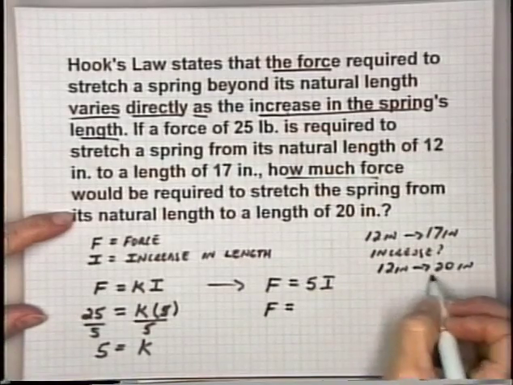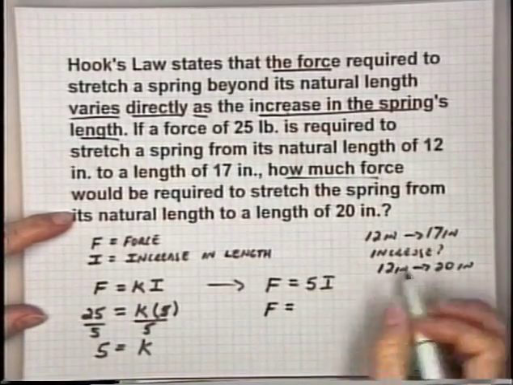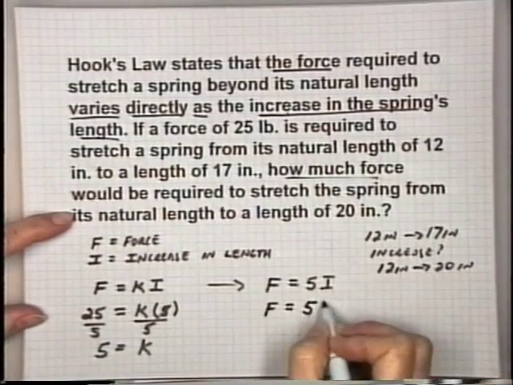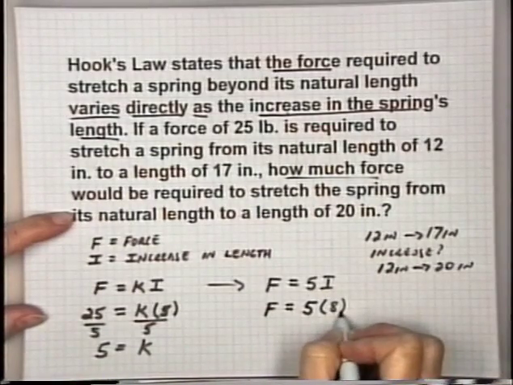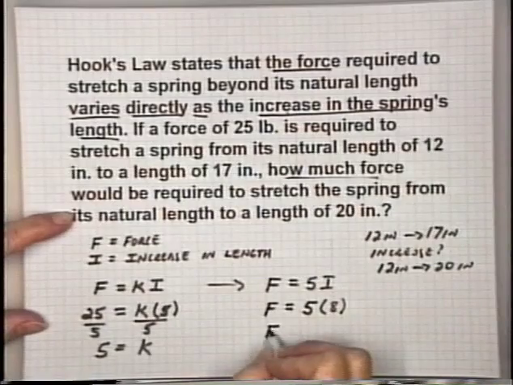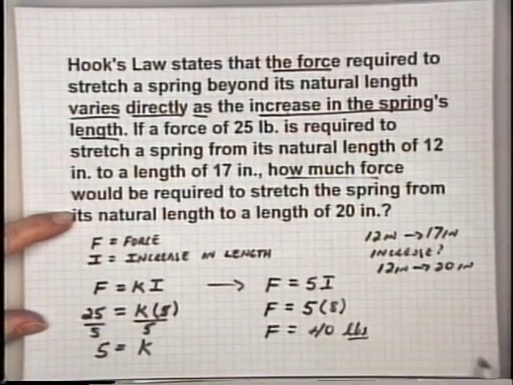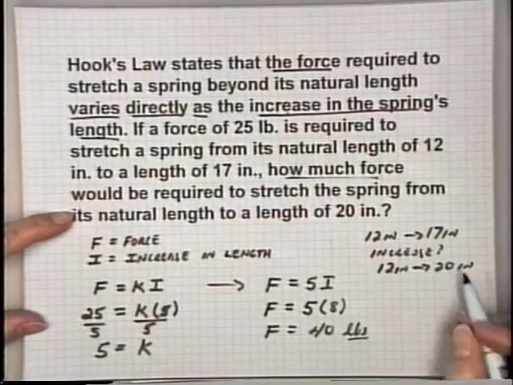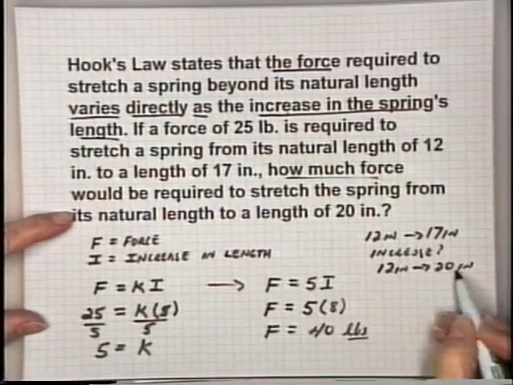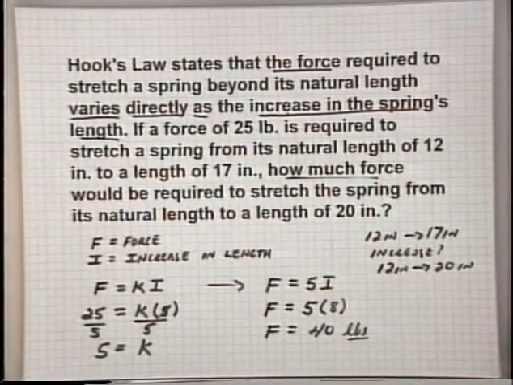How much is our increase here? It's 8 inches, isn't it? So we're going to bring down our constant 5. Our increase I is 8 inches, and so the force would be 5 times 8, or 40. Recall that our force is in pounds. So it would take 40 pounds to stretch this spring from its natural length of 12 out to 20 inches.